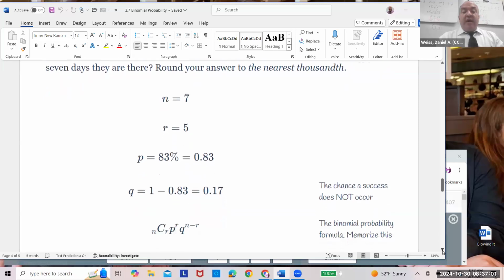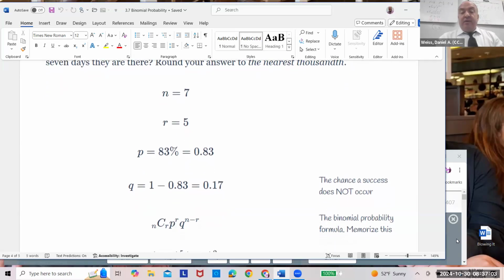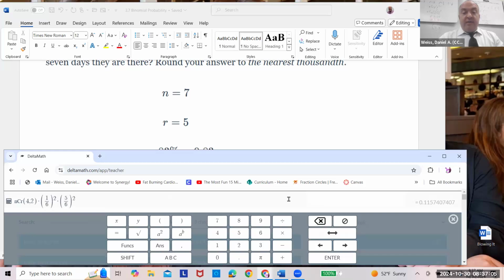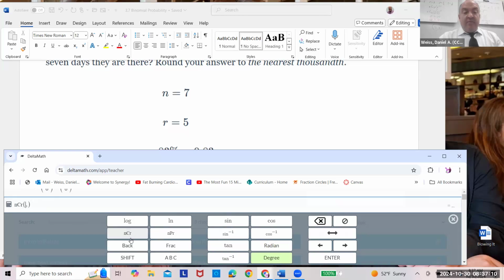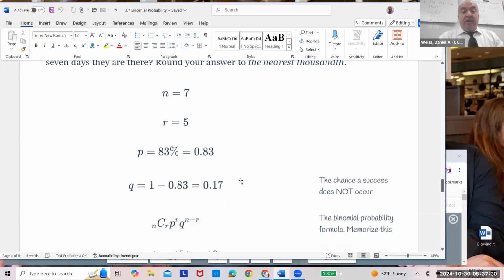So now I'm going to do my calculation. nCr. Okay, here we go. I'm going to click on Funcs and click nCr. 7 and 5. And then I'm going to hit times. All right. So now the probability is 0.83. I'm going to click outside the parentheses. And now to the R power. R is 5.